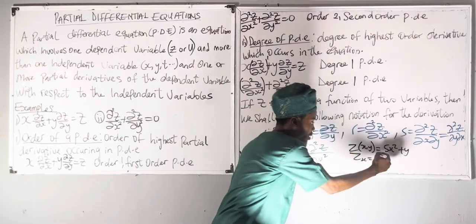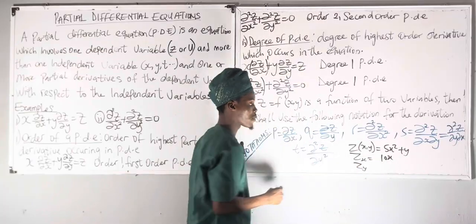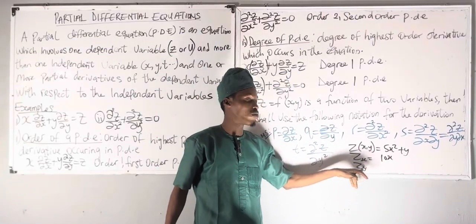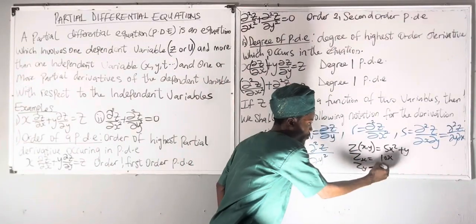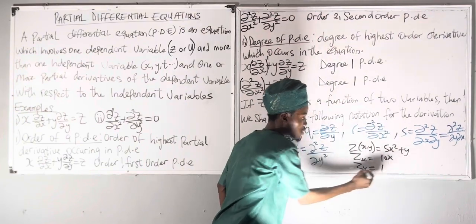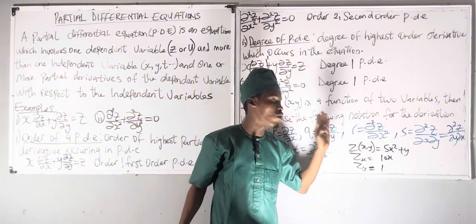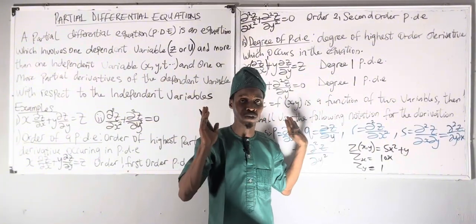So I'm going to have 10x. If I differentiate zy, partial z over partial y, I'm going to have 1, because if I differentiate y, I get 1. 5x² will be 0 because it is a partial differential equation. We are only differentiating with respect to the variable that we ask.